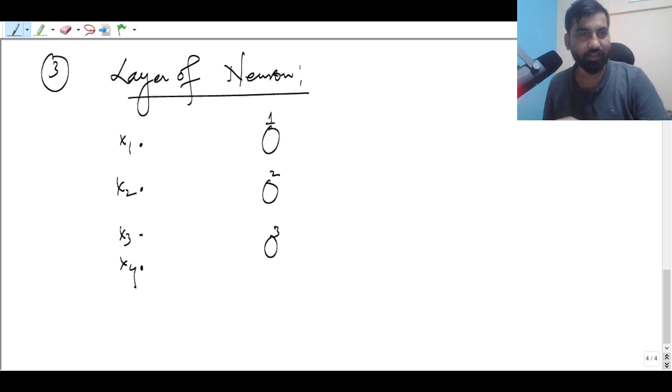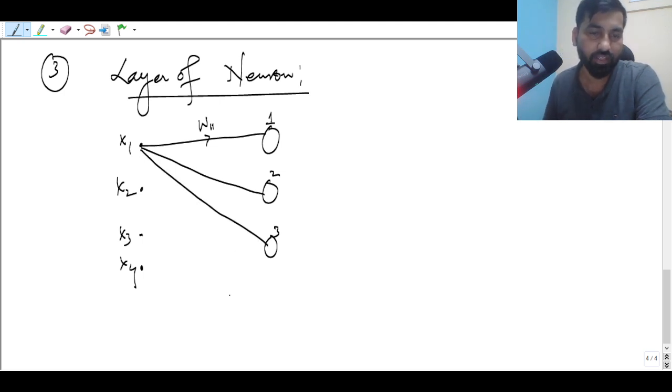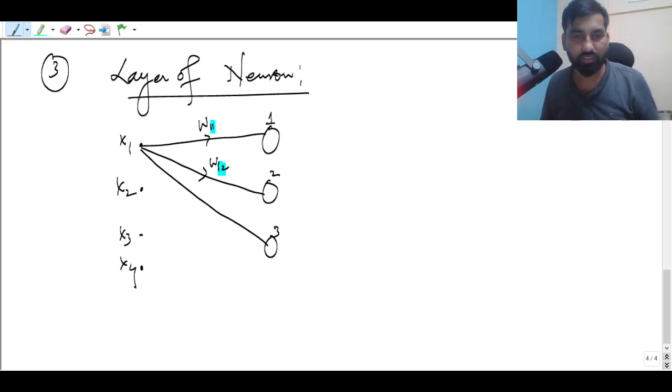Suppose x1 goes to neuron 1, and the corresponding weight is going to be w11. It also goes to neuron 2, and neuron 3. So this is going to be w12. You have to focus on the subscript here. The first input goes to the first neuron, and it will also go to the second and third neurons.